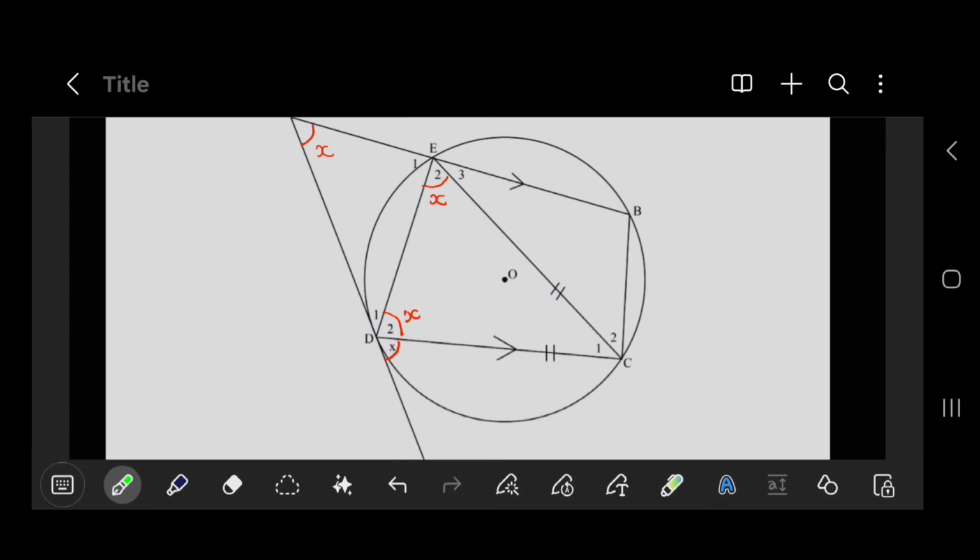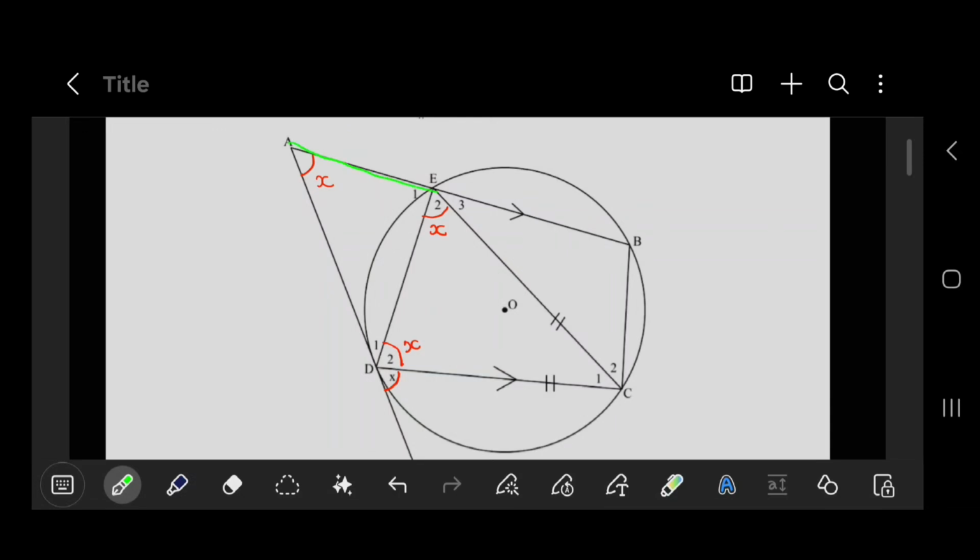Now to get the next angle, we can make use of the parallel lines again. And what I need you guys to notice, if I just highlight those parallel lines, we have an N or Z shape that forms. So if you have a look at this, from A to E to D, all the way to C, there is the N or the Z shape, which actually makes angle E1 equal to D2 because of alternate angles.